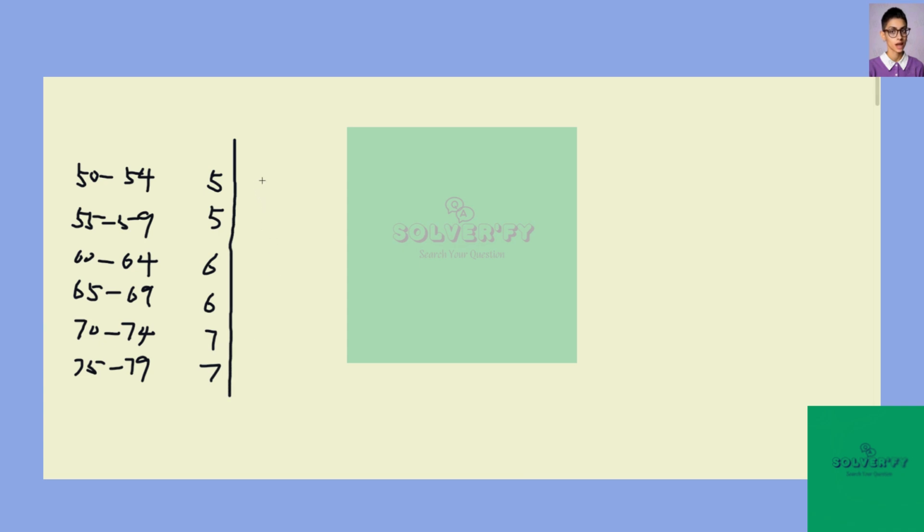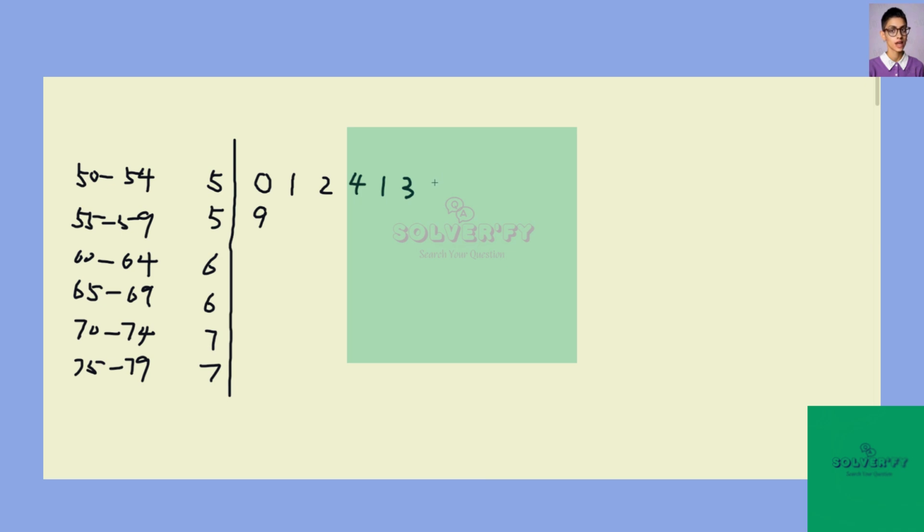We start with 50, so we draw a line here. We draw a 0 here, and 51, 1, 52, 2, 54, 4 here, then 59, 9 here, then 51, 1 here, 53, 3 here, 54.